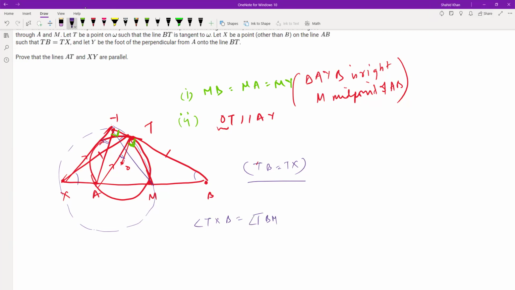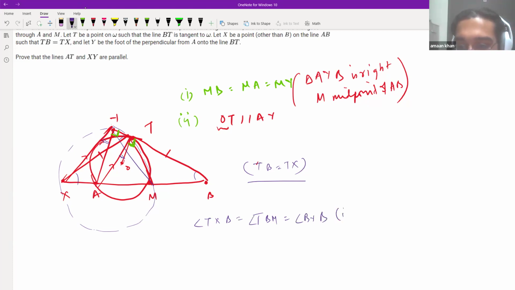And TBM is equal to BYM because of the first condition. So this is true, and TYXM is cyclic. Okay, so we have another thing: TYXM is cyclic.